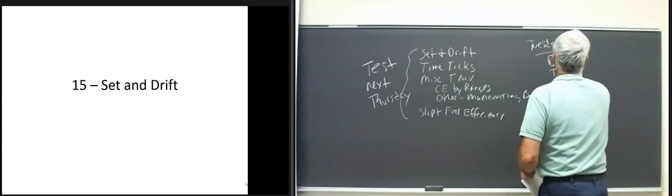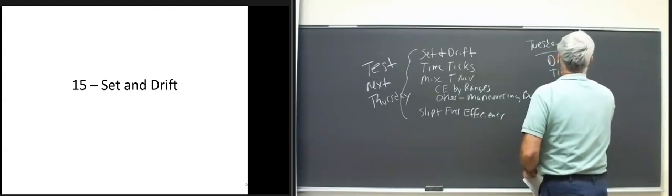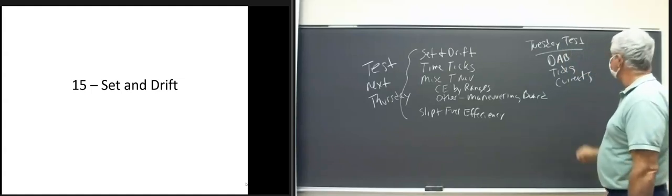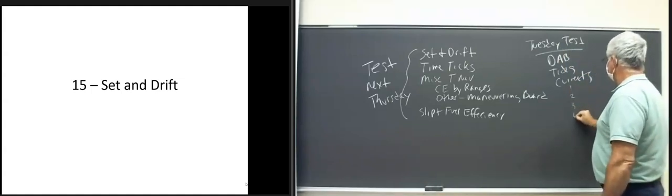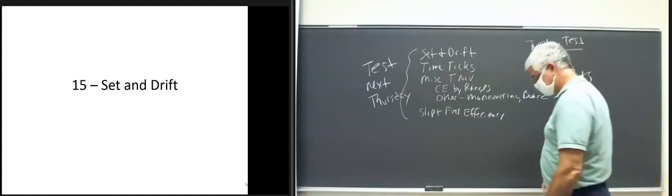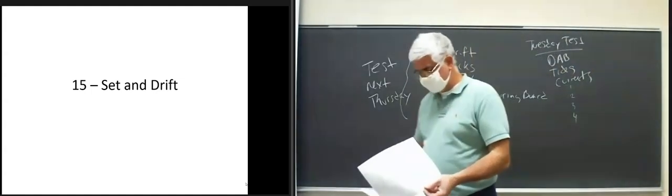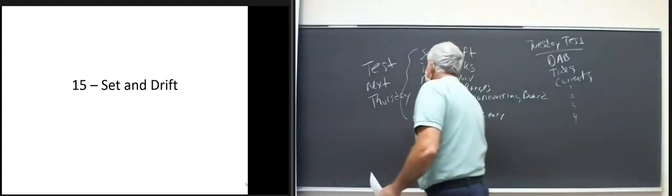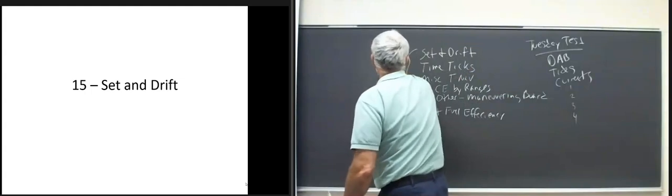That's tides, currents. And currents, there was a bunch of different currents, 1, 2, 3, 4. So download the practice test, and you'll see what that's going to look like. Very good. So let's just get into it because it's going to take us a little while.